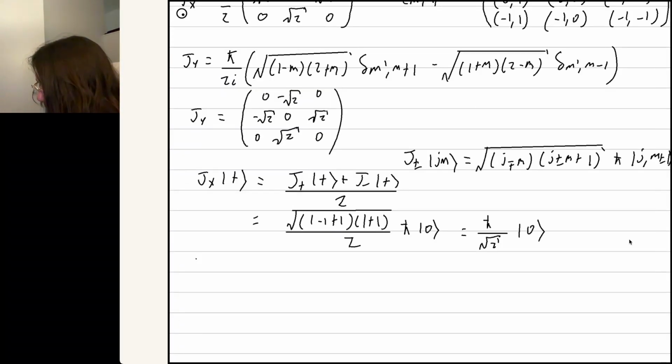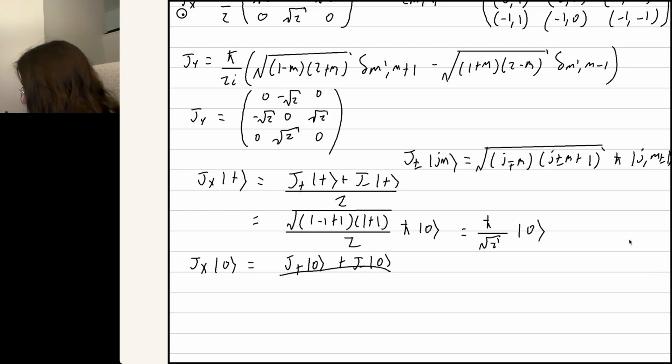Let's also operate the 0 vector on jx, which means you'll have j plus ket 0 plus j minus ket 0 over 2. For both of these, m is equal to 0. So you'll have root 1 plus 0 and 1 minus 0. So both of them are going to have a root 1 in them, and they're both going to have 2.